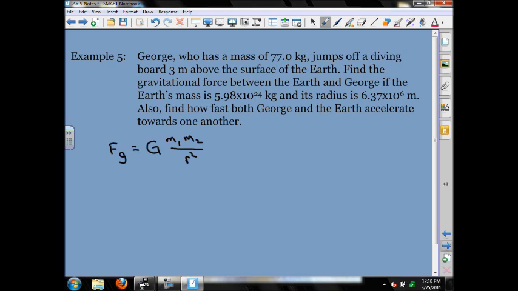Once for plugging it in wrong, and since you plugged it in wrong, you're not getting the point for the formula. If you show the formula, and then step 2, show where you're plugging stuff in, even if you make a mistake in plugging stuff in, you're going to get the formula. Does that make sense? As we look at AP problems, hopefully that will make sense as we go. So always write down the formula you're using first. Now we can plug stuff in.